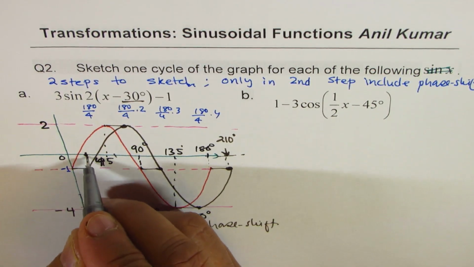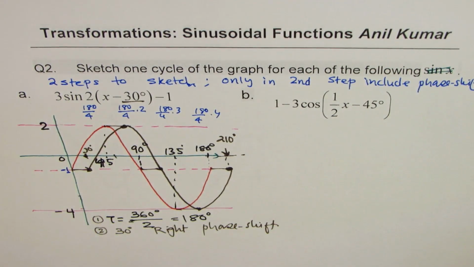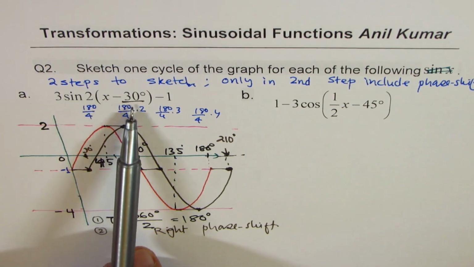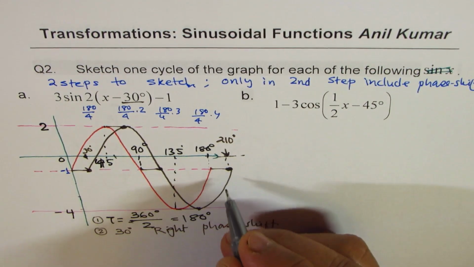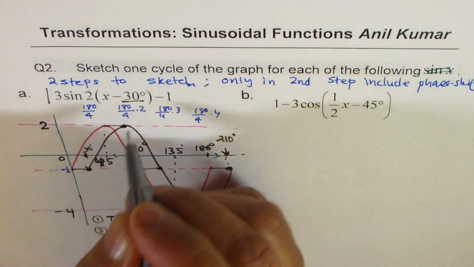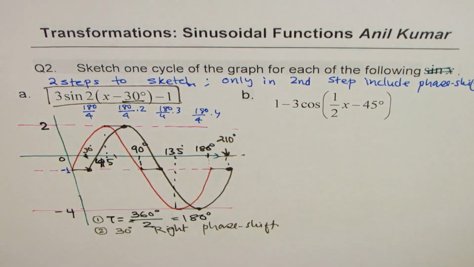So this wave actually starts from 30 degrees and goes up to 210 degrees, which is being represented here as 3 sin(2x minus 30 degrees) minus 1. Is that clear to you? So that is our final wave, right? So this, in that color, is the final wave. Do you understand it? Perfect, right?